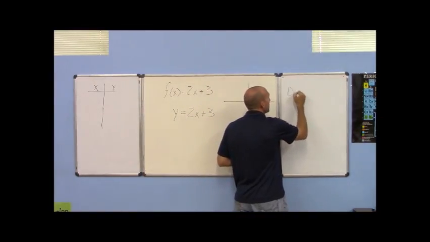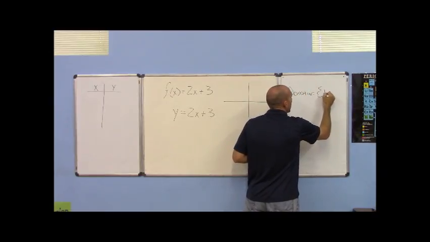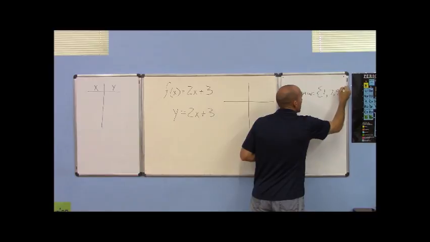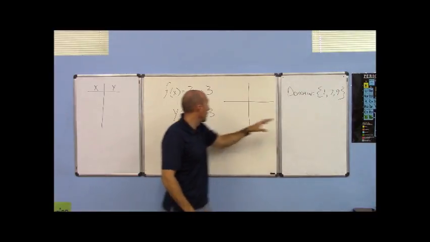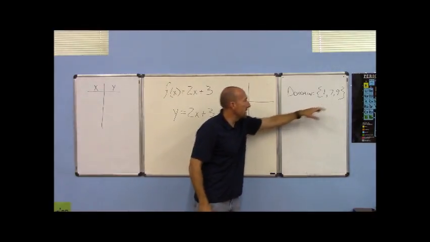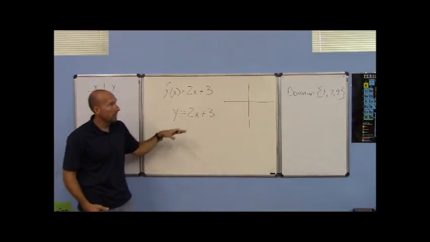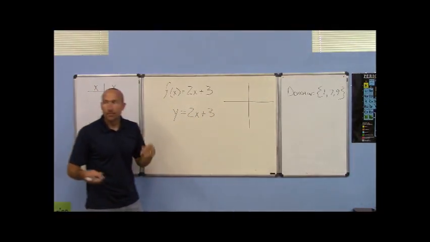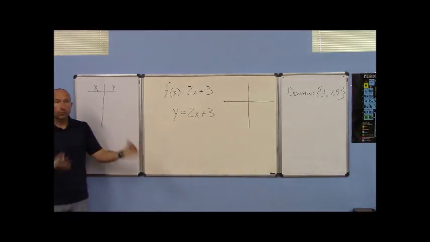It'll say domain equals, and then you have 1, 7, 9, and so on. Those are your x values, so you plug in 1 for x and solve for y. You plug in a 7 for x, you substitute and figure out what y is, and the same thing with 9. Now, if y'all don't remember about that, that's okay, because we're going to go through it again.